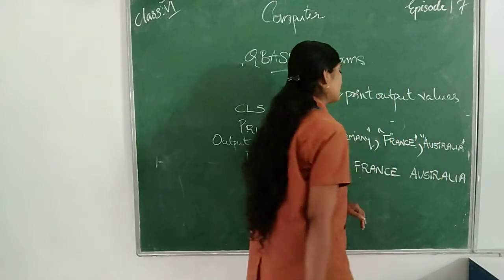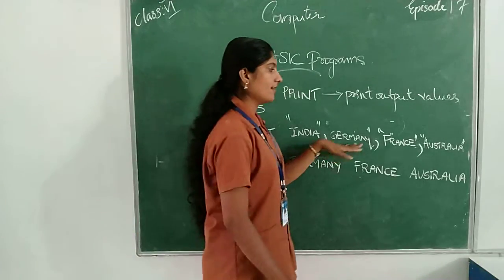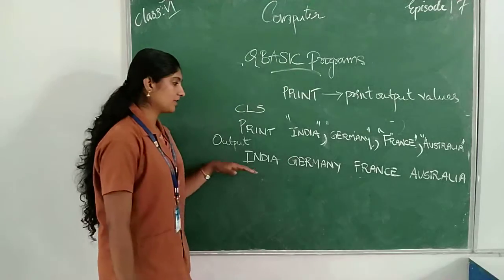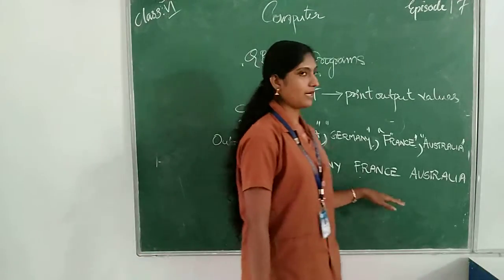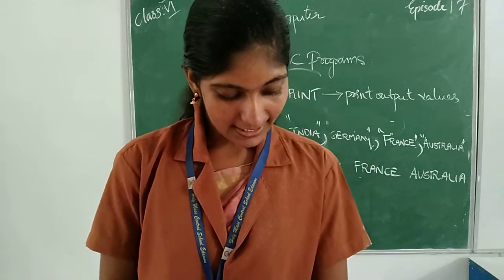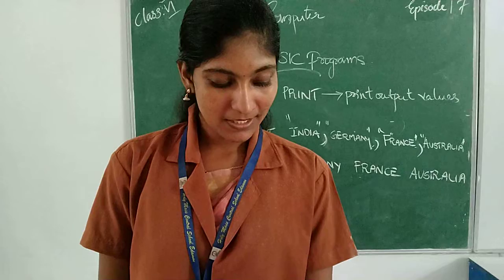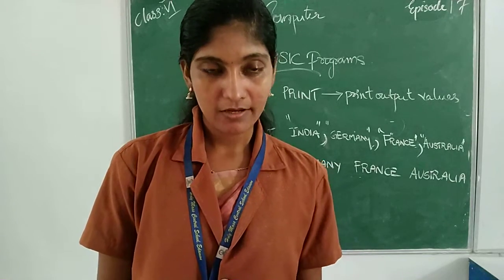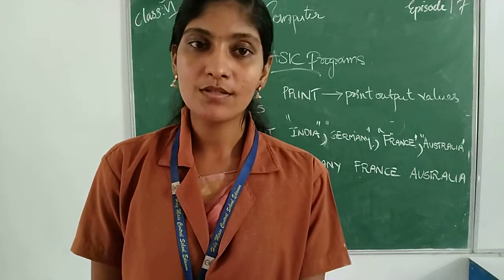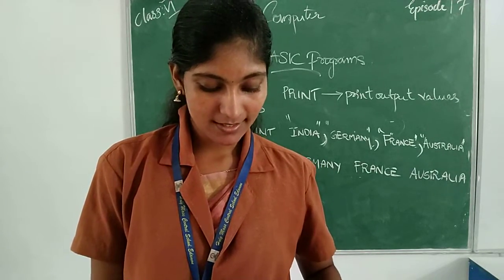So print India, Germany, France, Australia means the output is India, Germany, France and Australia. So this is the difference between print with a semicolon and print with a comma. If we print with a semicolon, then the values are printed continuously. Otherwise, it will print items zone-wise.